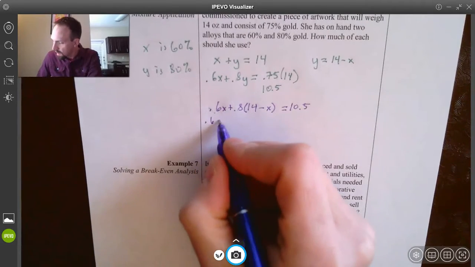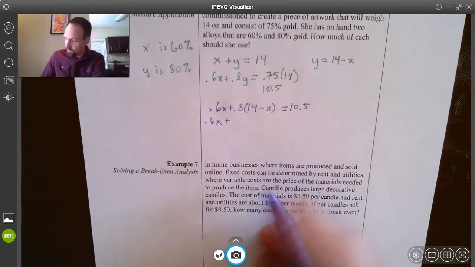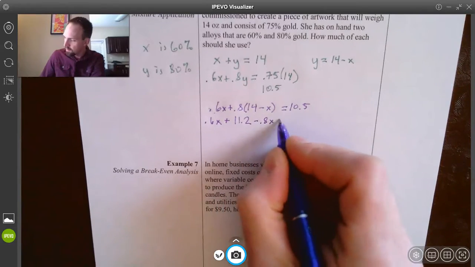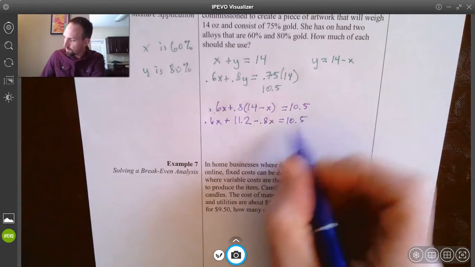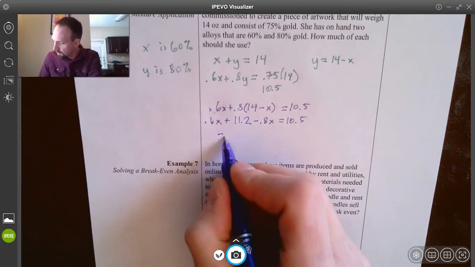So now I have 0.6x plus, now this part right here where I just said doing it in terms of the other, that's actually what we were doing in the beginning when we were first solving these problems using just one variable. Minus 0.8x equals 10.5. Looking good so far. 0.6x minus 0.8x is negative 0.2x.